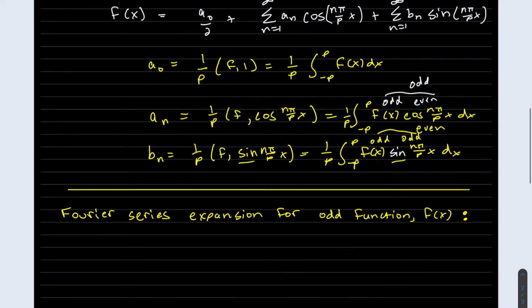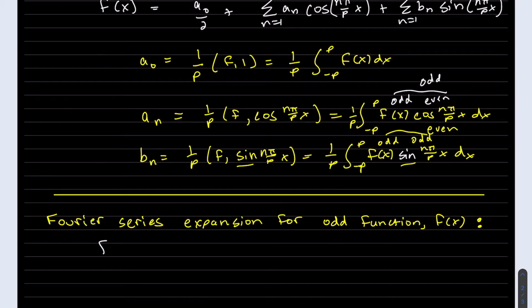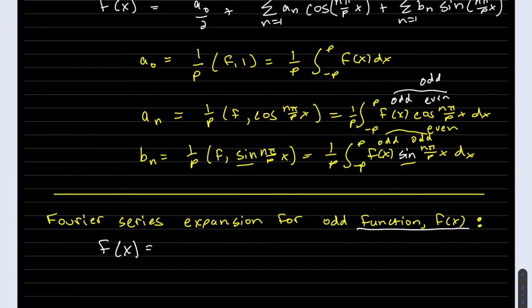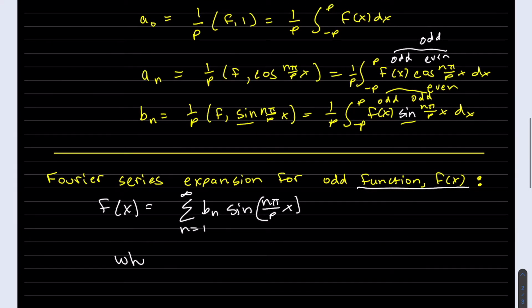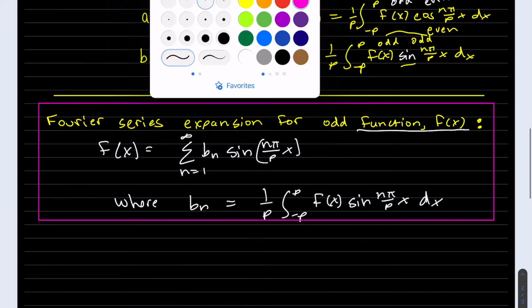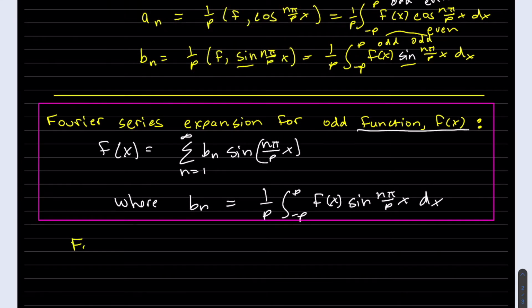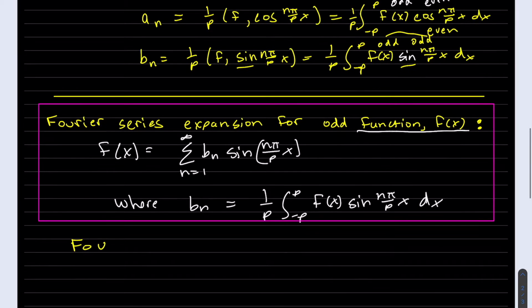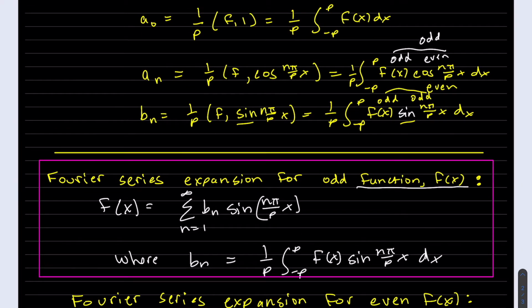So our series expansion for f of x when f of x is odd is only this piece, where b n equals 1 over p. Similarly, the Fourier series representation, now we're going to switch.